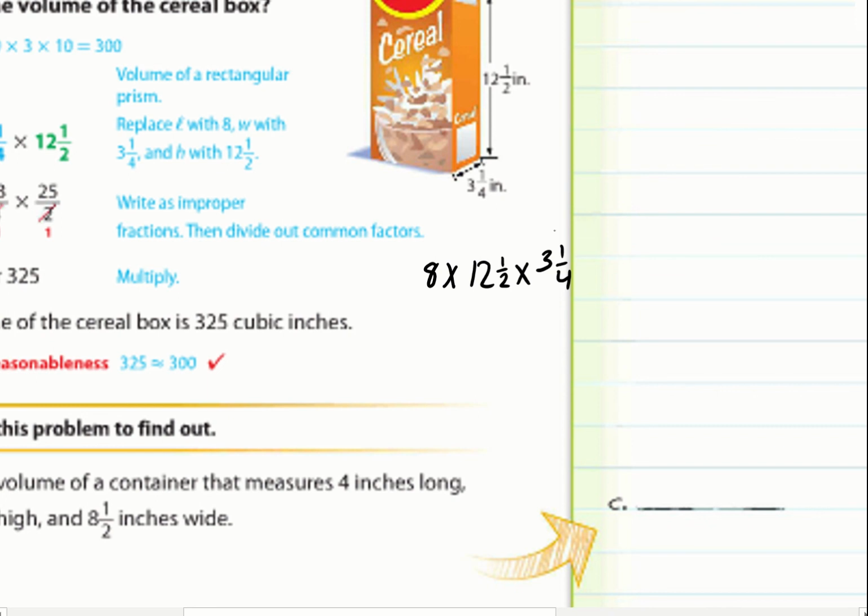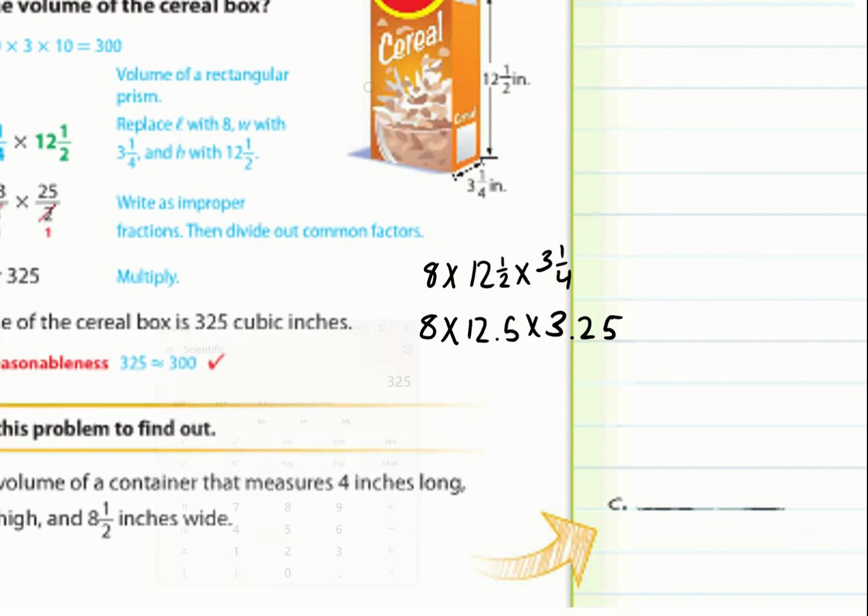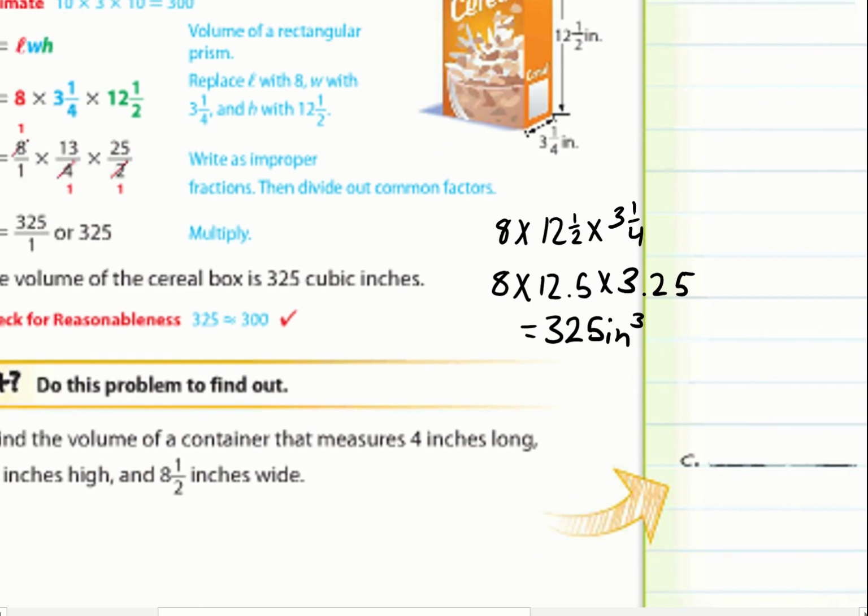We can use a common denominator, or I can convert these to decimals, which we should already know. So we get 325 inches cubed.